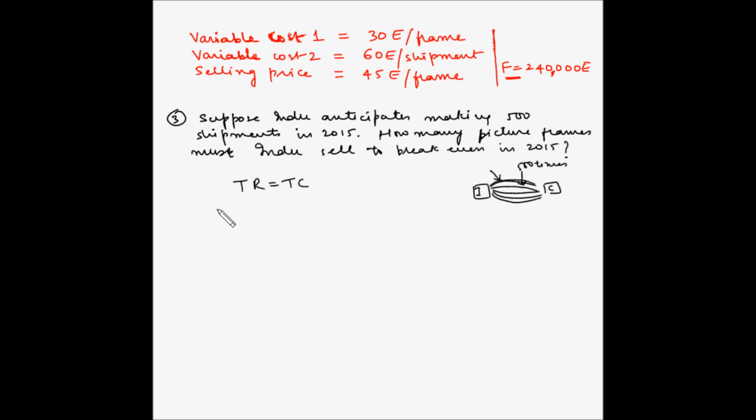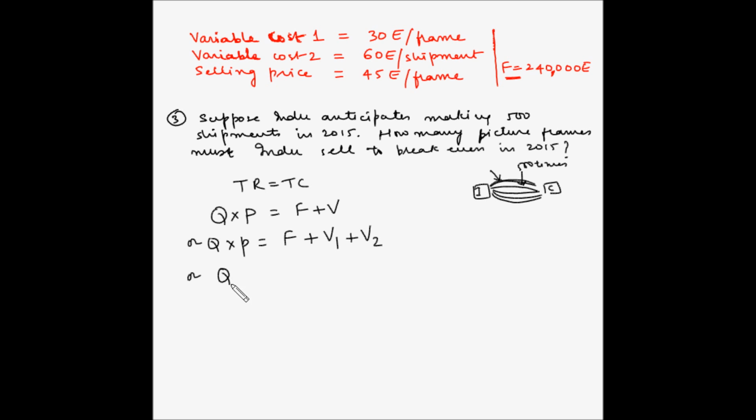So total revenue is nothing but the multiplication of number of units sold and the unit selling price. And total cost is the addition of fixed cost and the variable cost. Now, in our case, we have two variable costs. One is the cost of purchasing these frames, and second is the processing cost for each shipment.